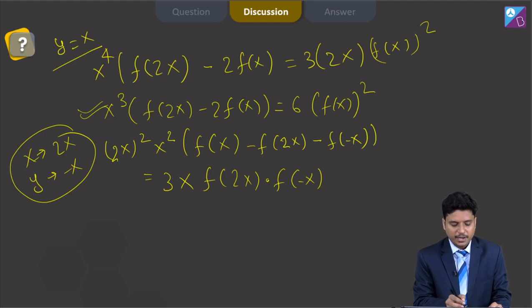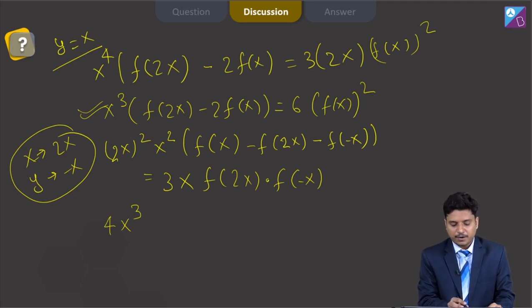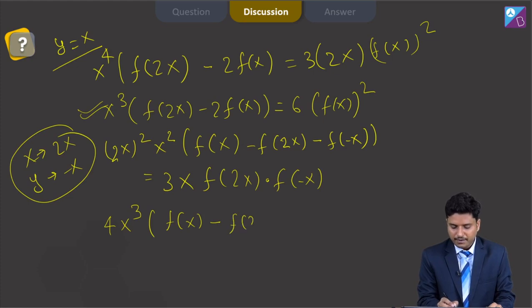4x square into x raised to power 4. So this is 4x cube in fact, because this x gets cancelled. So 4x raised to power 4 and here x, so 4x cube into f of x minus f of 2x minus f of minus x is equal to 3 into f of 2x into f of minus x.